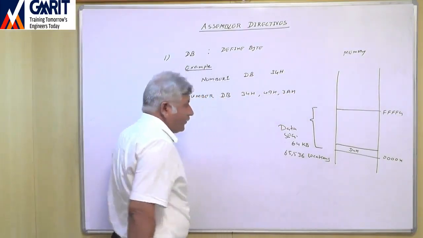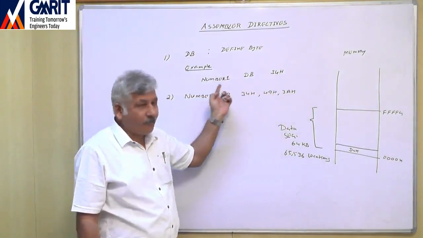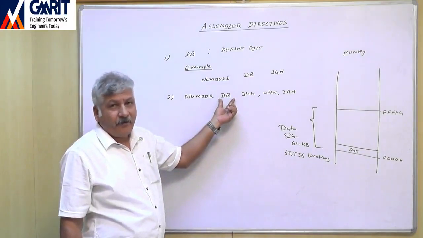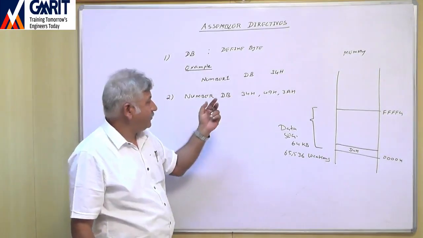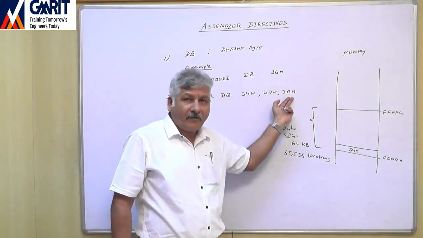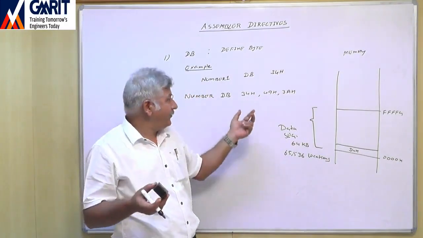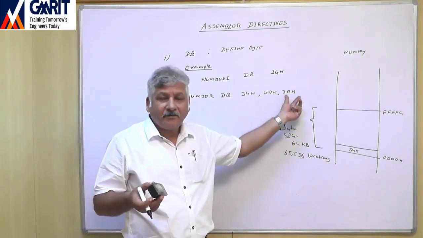3AH. Now in this case, if we use this statement in our program, then this define byte directive will assign three memory locations for 3 bytes of data, right? It will assign some offset addresses, and at those offset addresses it will load 34H, 49H and 3AH, right?